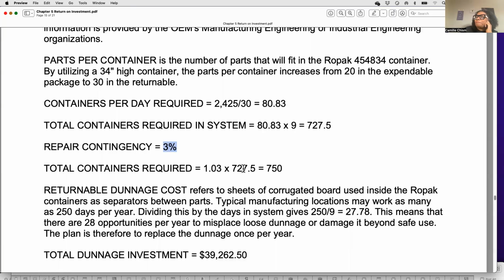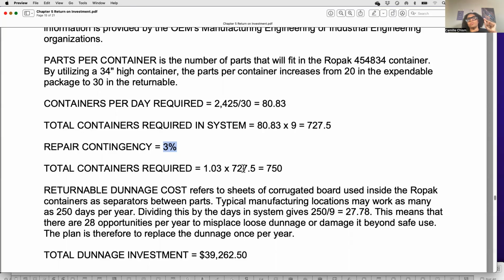Okay, so typical locations are going to work the 250 days a year that I mentioned before, because you're taking out weekends and holidays. You take the 365 days in the year and 52 weeks, with 2 weekend days each.